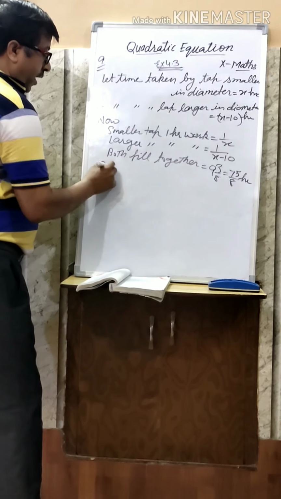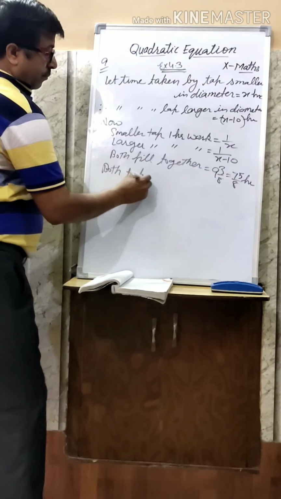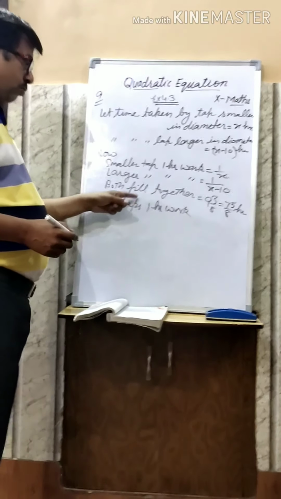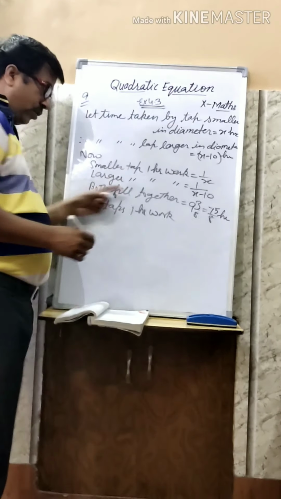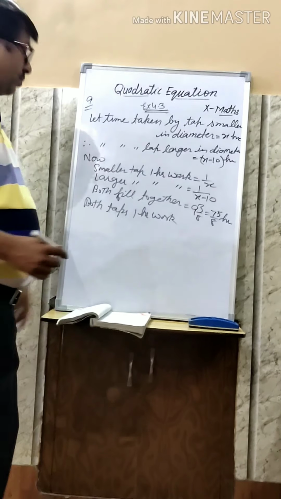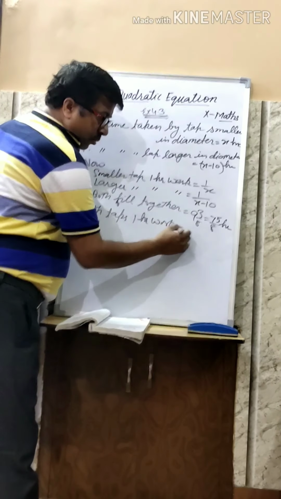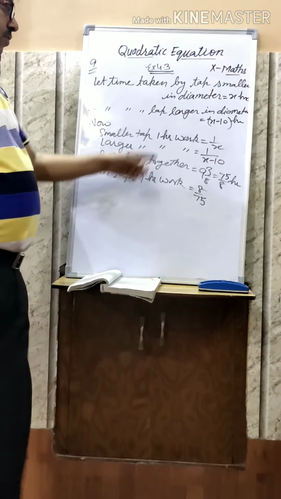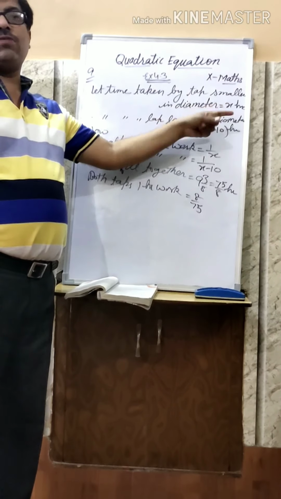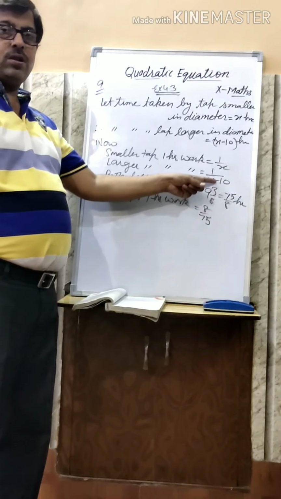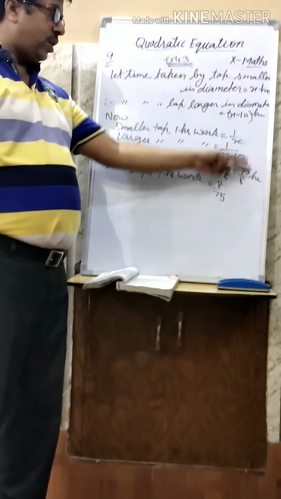So both taps' 1 hour work, because now in this case both taps fill together in 75 by 8 hours, means the reciprocal of this, 8 by 75. When hours are given and you say 1 hour work, you will take the reciprocal of this. If both together fill, then take the reciprocal of this.